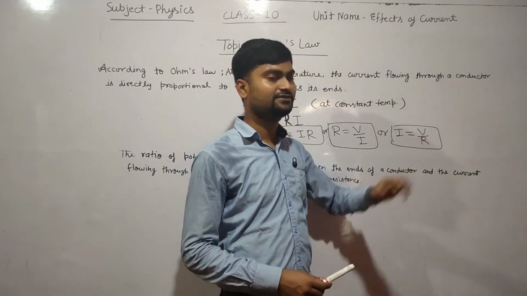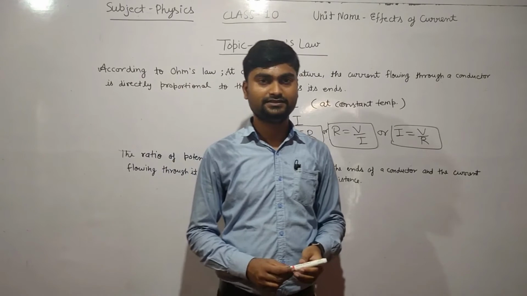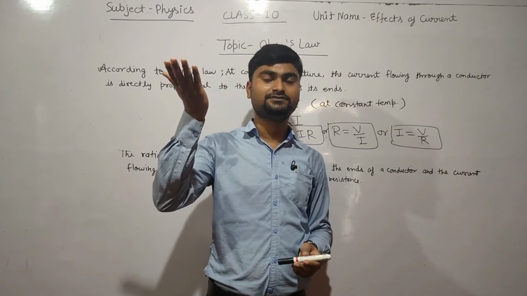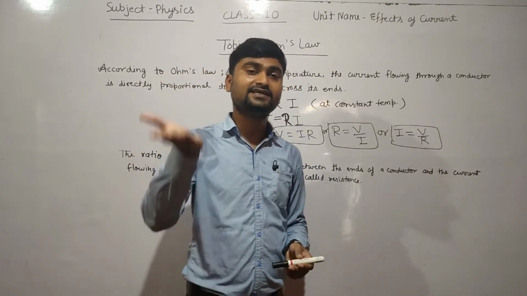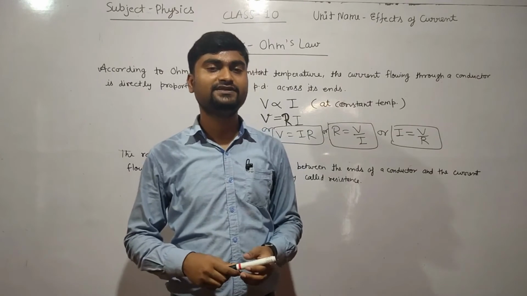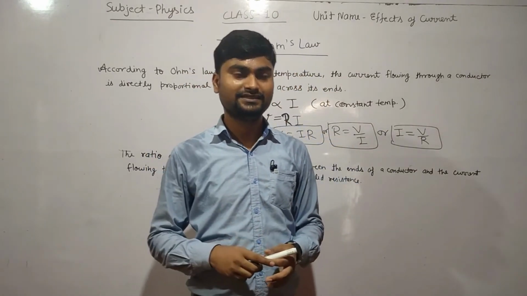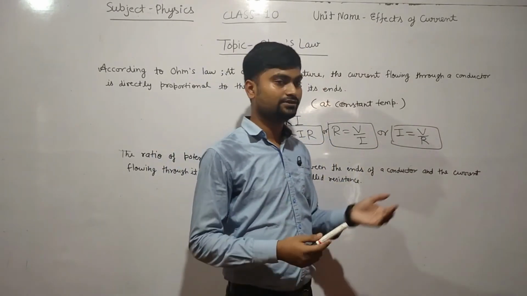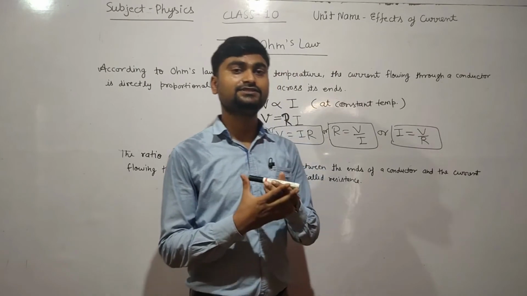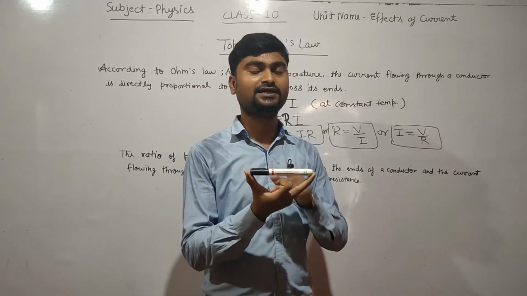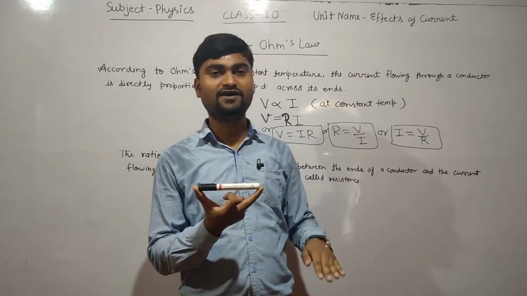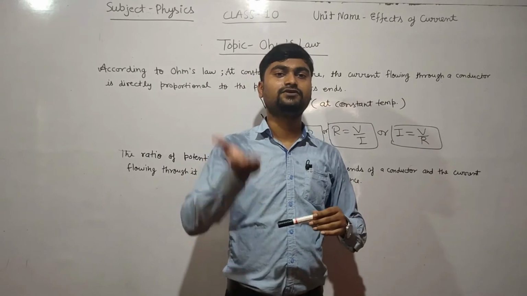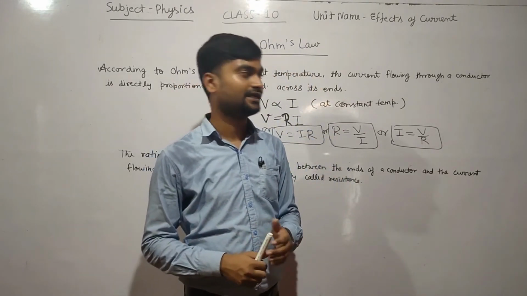When we increase the resistance of the conductor, the current flowing through it decreases. If the resistance of the conductor is doubled, the current flowing through it is halved, and if the resistance is halved, the current flowing through it is doubled.